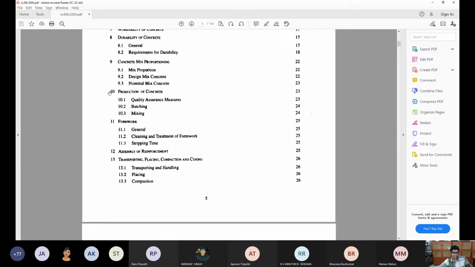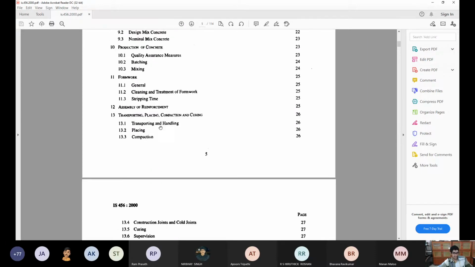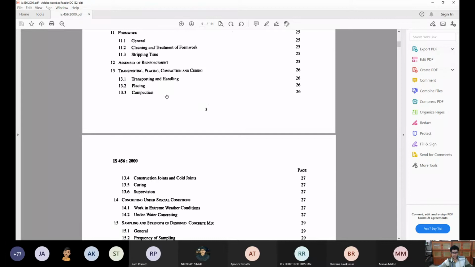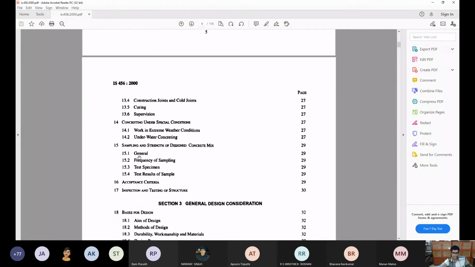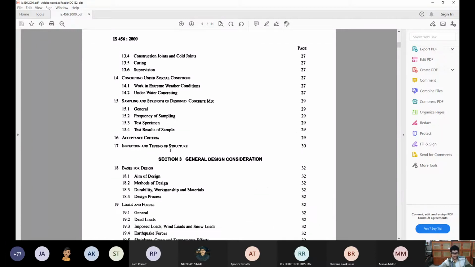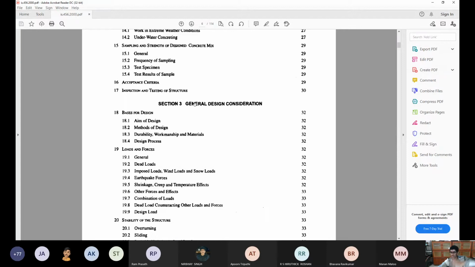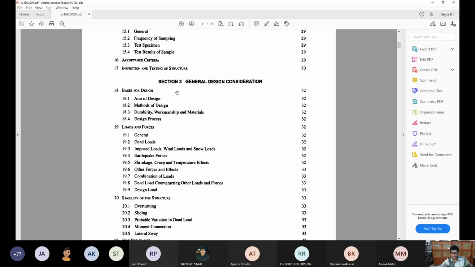Then batching, mixing, how to place the concrete, compaction, curing conditions, and some criteria with respect to testing you might have seen in concrete technology. Everything beyond that, from Section 3, you might not have seen yet.